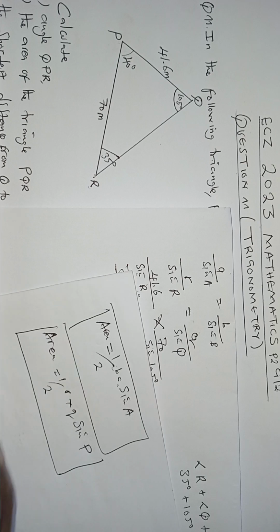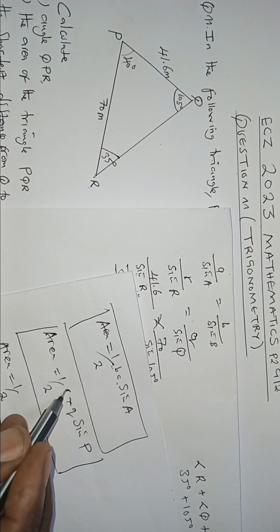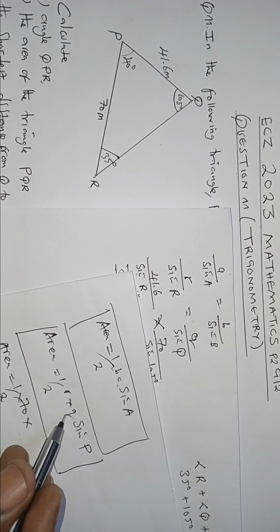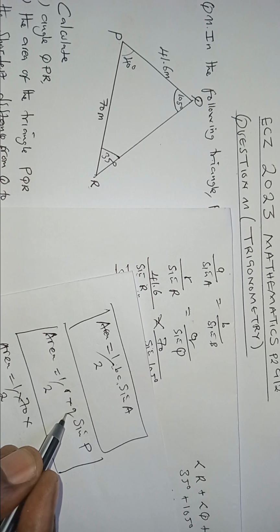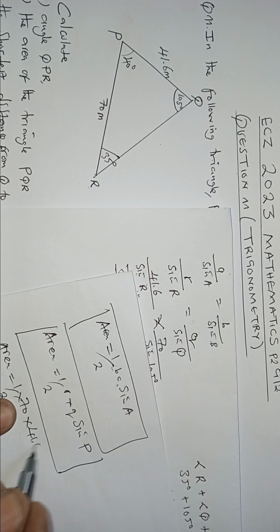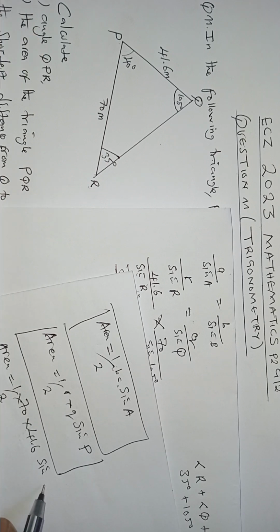And from there, you can say area is equal to 1/2. The side R is given by 70, so say times 70, times the side Q. Sorry, Q is 70 meters, then R is 41.6, then sine the angle at P, which is angle QPR, is 40, so we say 40 degrees.